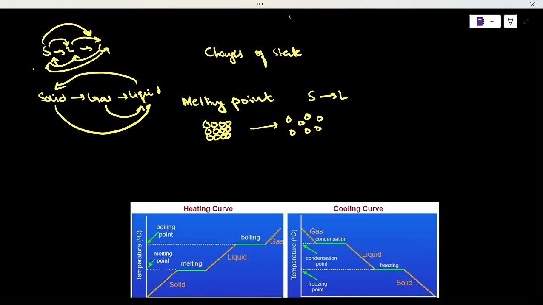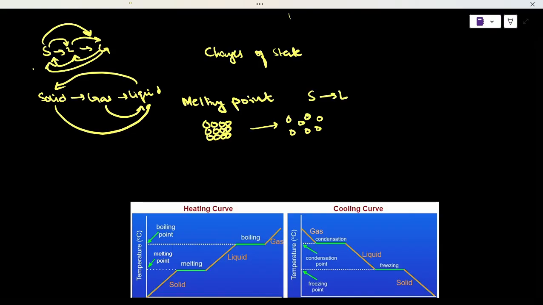What we need to understand here is what the energy changes are, because this particular chapter is purely related to the energy changes that happen when changes of state occur, right? That's the idea. So let's go down this part a little further.